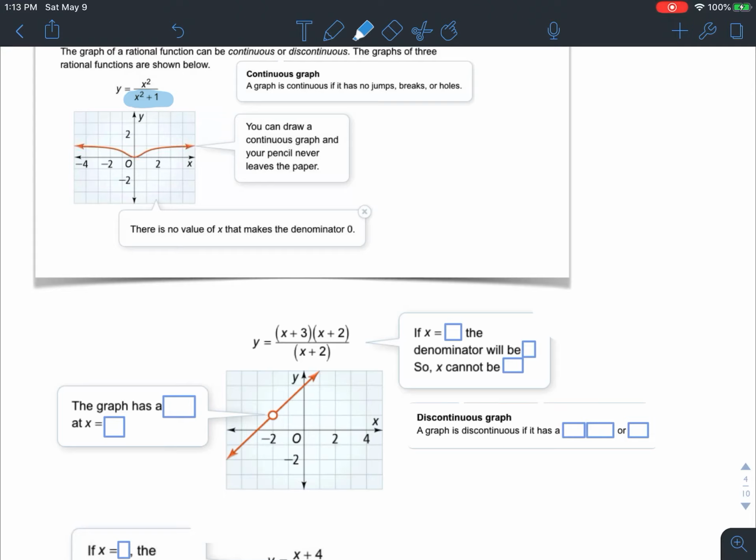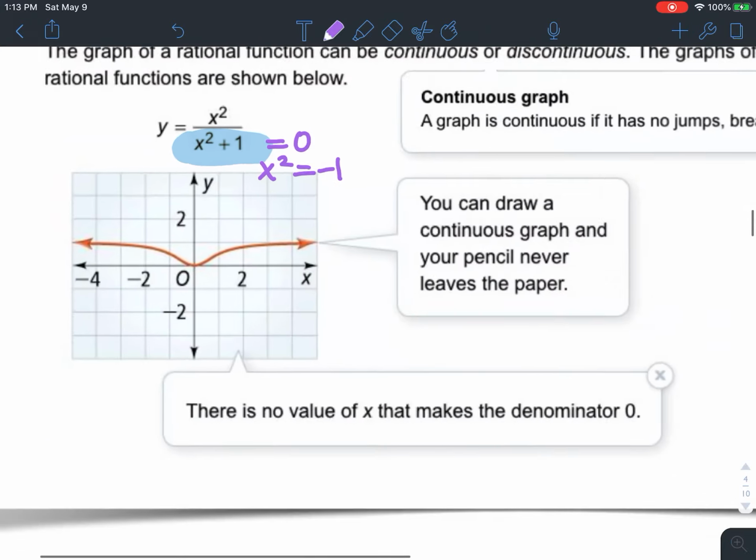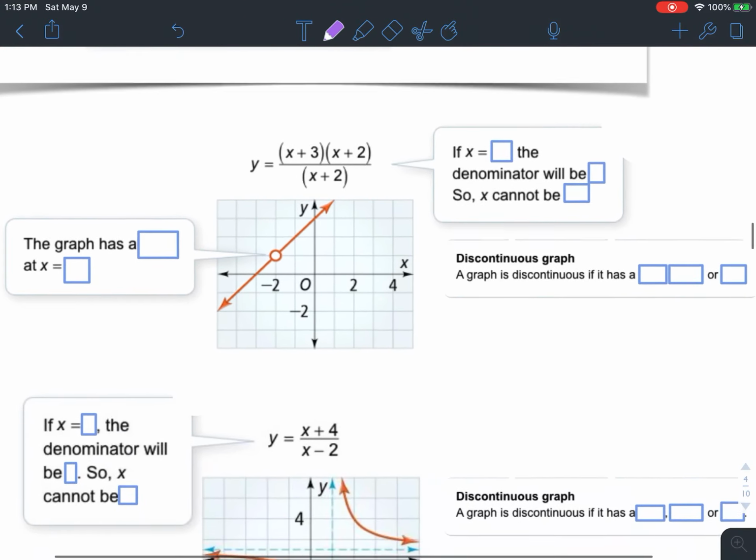What makes a rational function not continuous is whatever is going to put a 0 in the denominator. It's the only thing that will make it not continuous. And because we have x squared plus 1 equals 0 as the denominator, if you set it equal to 0, you'd get an imaginary number. So that's an indication that there's no asymptote. You don't need one. It's just continuous. There's no value of x that makes the denominator be 0.